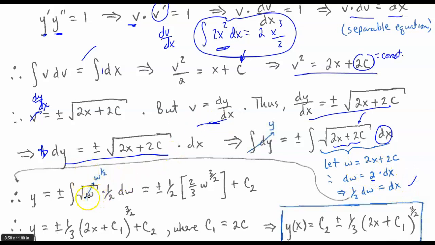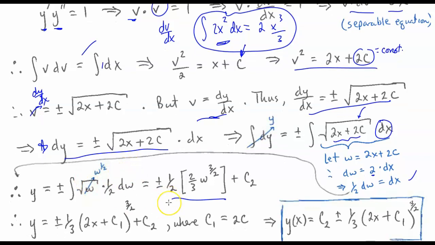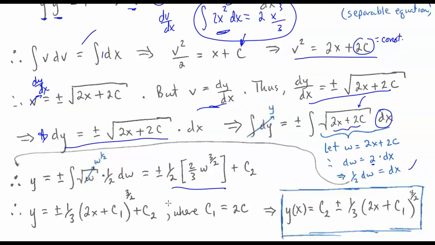At this point, we just substitute everything that we need to, take the antiderivative by using the power rule for antiderivatives, and then it's just a matter of cleaning everything up to make it look nice for your answer. And we see that y of x is going to be some other integration constant, okay?